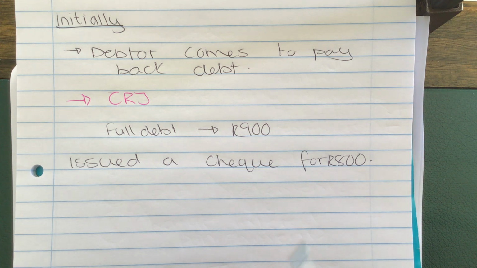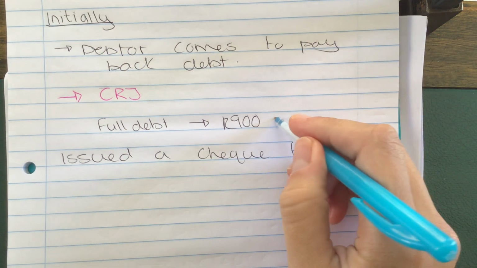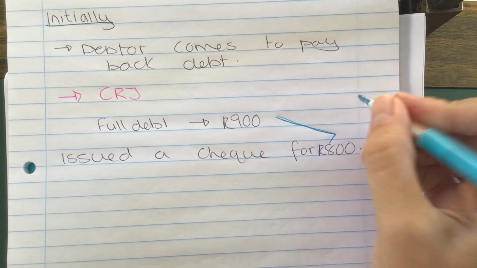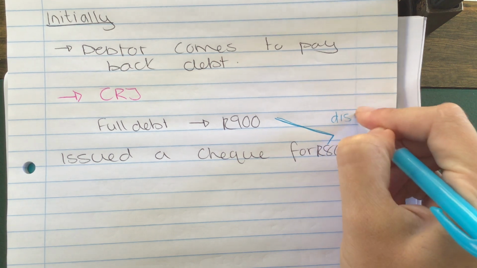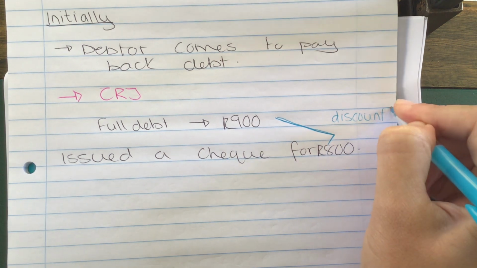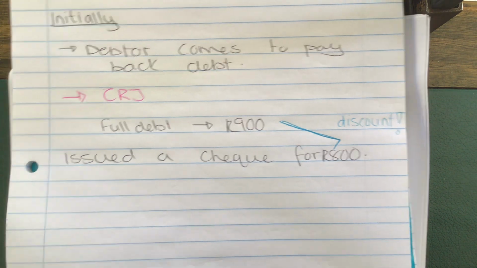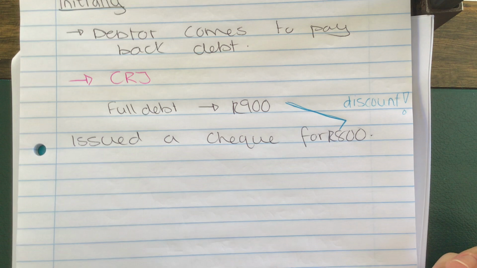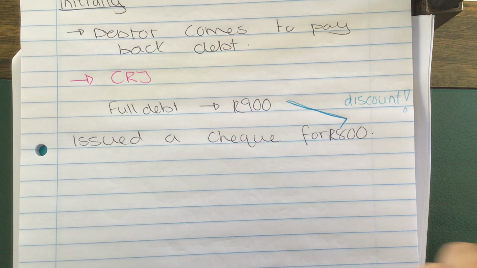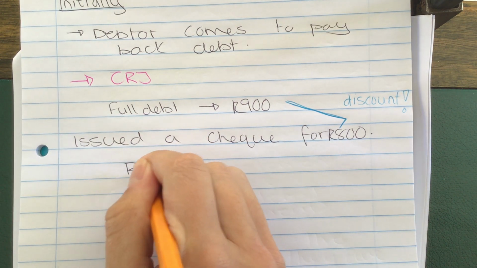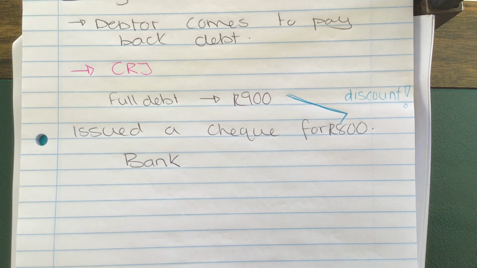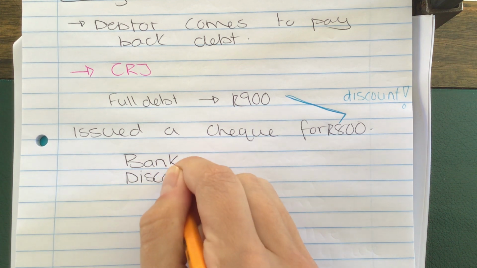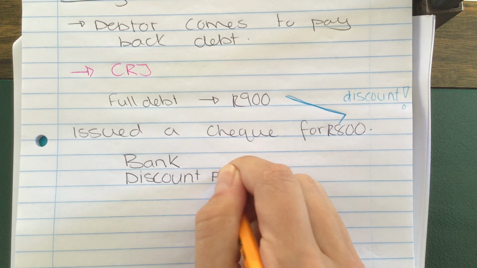So we need to identify, did they underpay us? Well, it looks like it, but why is there this difference? Okay, what you guys have learned this year is we must have granted discounts. So we would put this in the CRJ as normal, and let's identify the debit and the credit transactions. Well, the accounts involved are bank, because we are receiving money. Okay, then we have discounts allowed, because we're granting discounts.